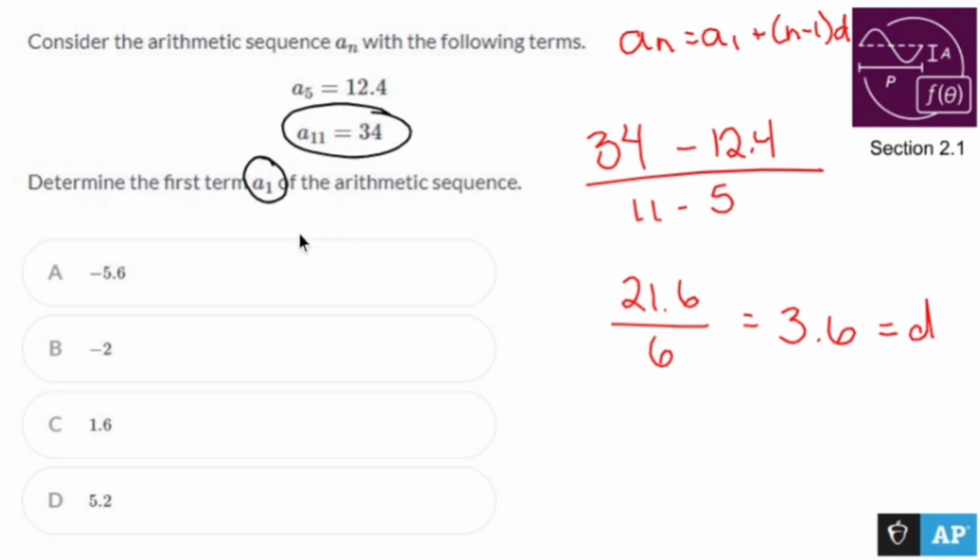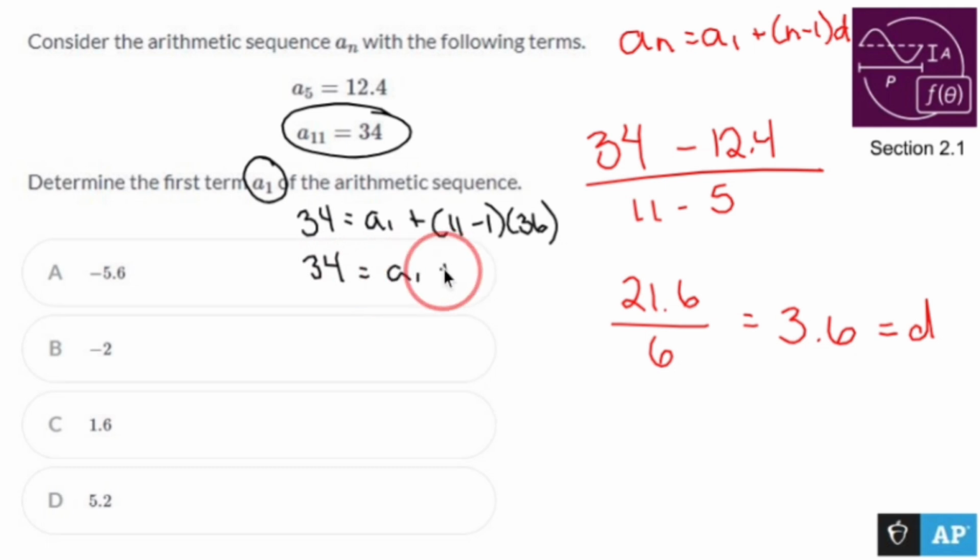A sub 11. And the reason why I want to do that is because I will do 11 minus 1, which is 10. Life is going to be a lot easier. So the 11th term was 34, equals a sub 1, which is what I'm trying to find, plus the fact that we use the 11th term minus 1 times the common difference, which we just found. 34 is a sub 1, I don't know, plus 10 times 3.6.